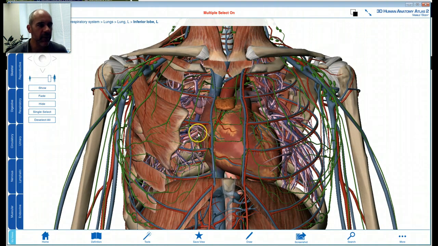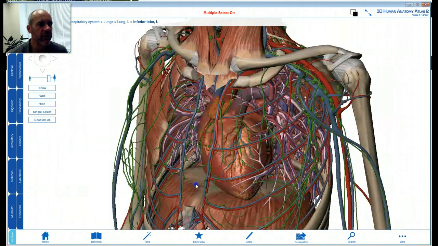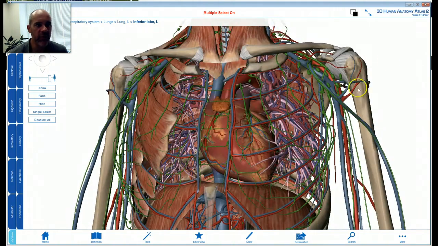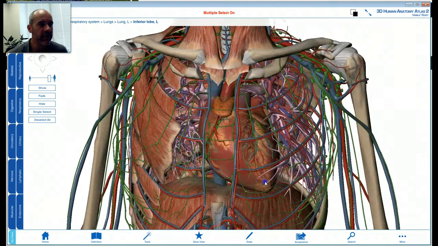Your heart is sitting more or less in the center of your chest. A good portion of it is located a little bit more over on the left side. So there's your heart. And you can see the numerous vessels in green. Those are lymphatic vessels, vessels of your lymphatic system.